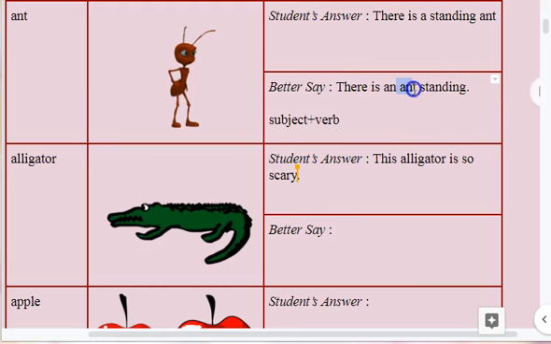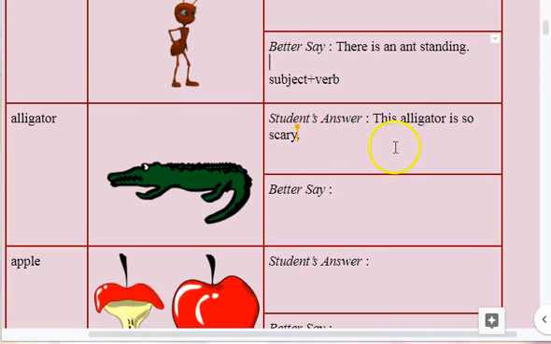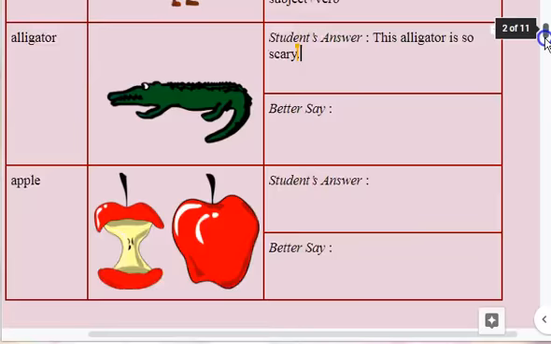So the ant is the subject and your verb is standing. On your second sentence, your subject is the alligator and your verb is. Yes. So let's move on to the third one, apple.